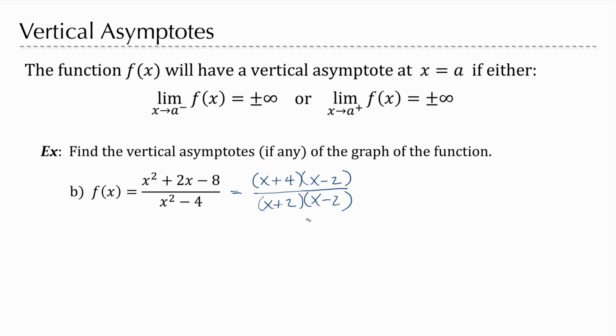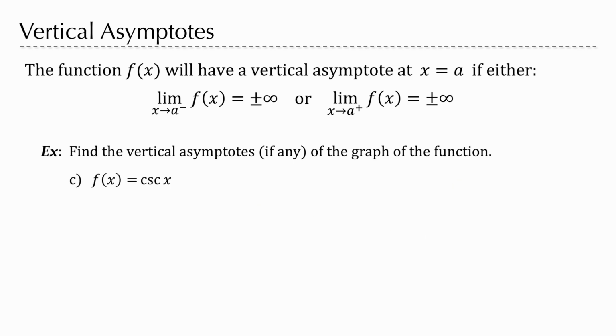Both 2 and negative 2. However, because the 2 is a removable discontinuity, it would be a hole in the graph, whereas the negative 2 is non-removable, that's going to be your vertical asymptote. So when we write the answer down here, we definitely want to call it just x equals negative 2. Because again, at positive 2, it's a hole.